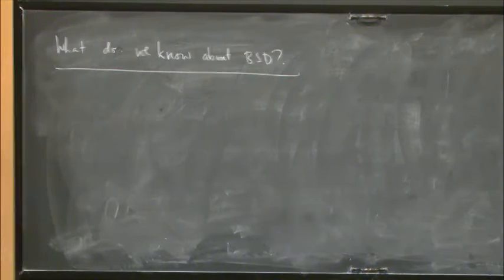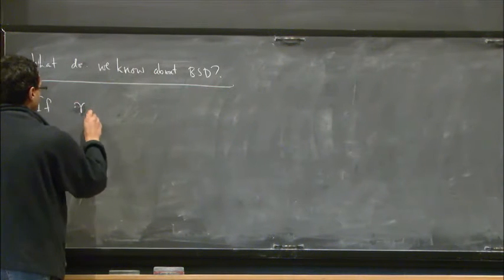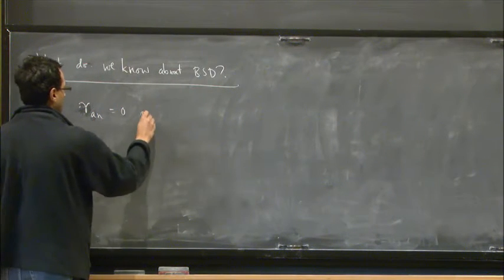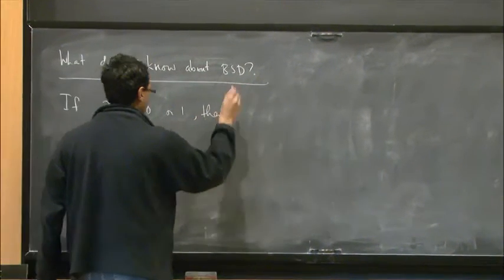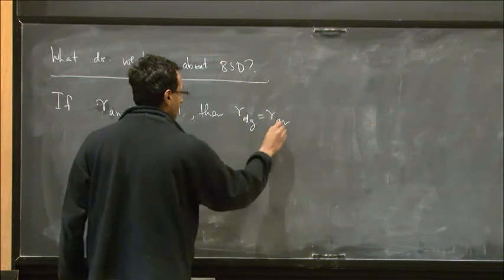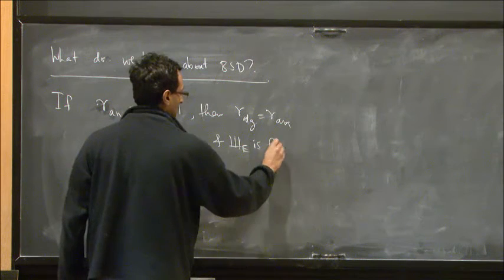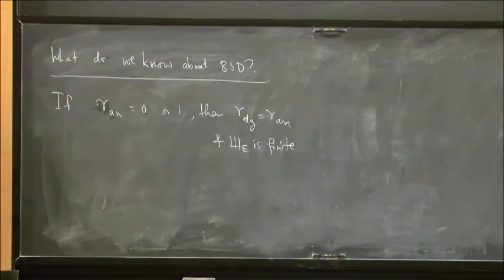What we do know is that if the analytic rank is 0 or 1, then in fact the algebraic rank equals the analytic rank, and Sha is finite. So the Tate-Shafarevich group is some kind of local-global obstruction. It's not known to be finite in general, but in this case it is.